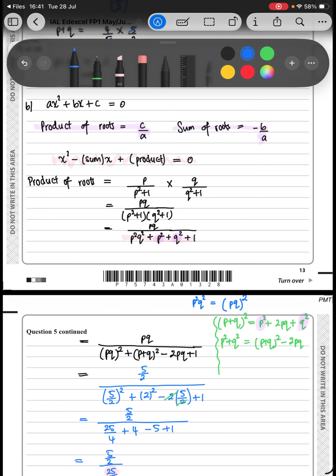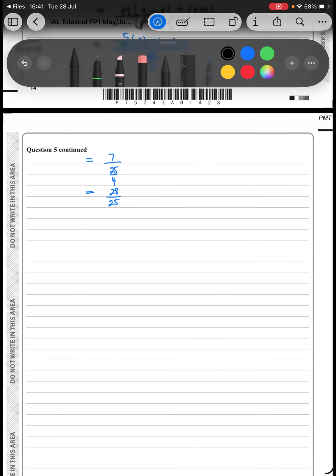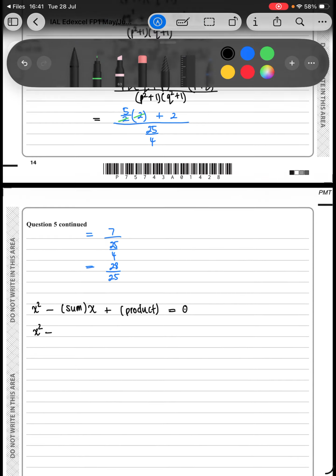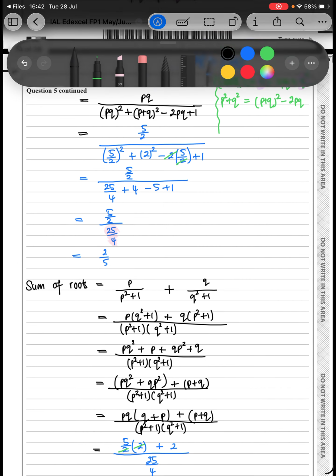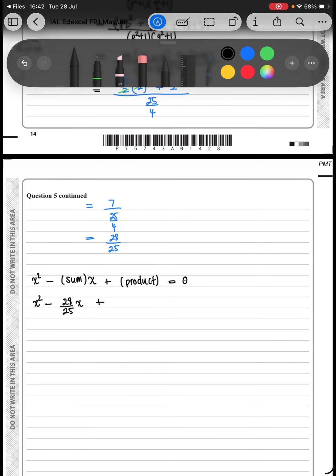So x squared minus the sum, I'll rewrite that, minus the sum into x plus the product equals 0. x squared minus the sum, we found it to be 28 over 25. No minus there, so it's just 1 minus, plus product is 2 over 5.